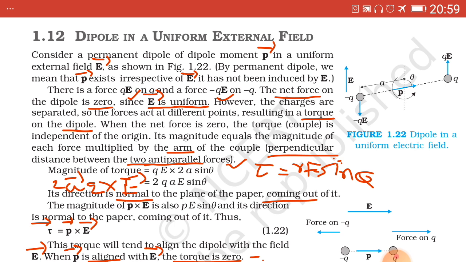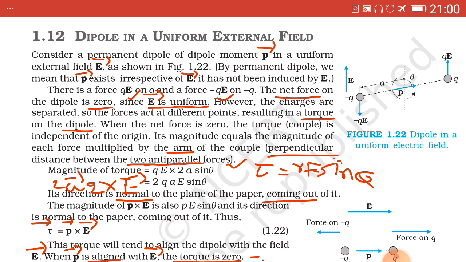We consider figure 1.22, which is given besides. The figure is not very clear, and more clarification is not given about the electric field, which we shall see later after describing this figure. Consider a permanent dipole of dipole moment small p vector in a uniform electric field capital E vector as shown in the figure besides.